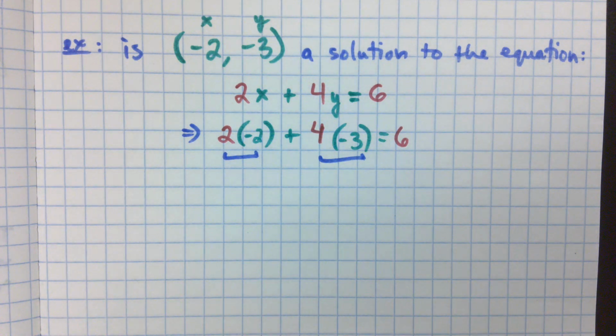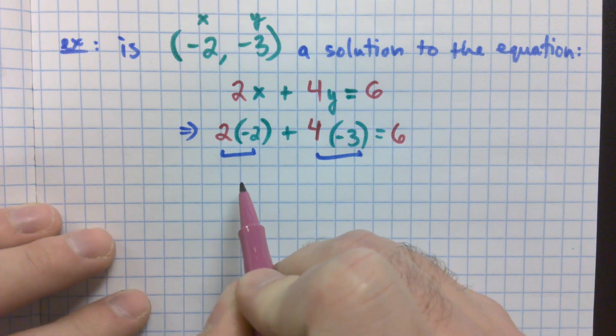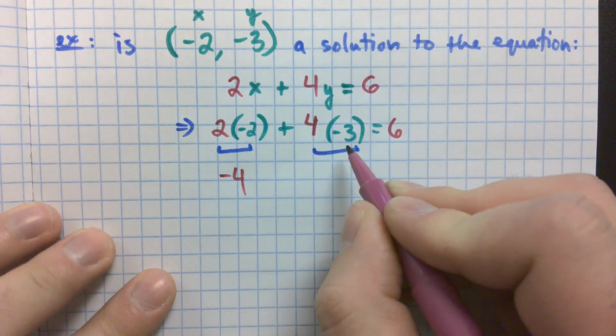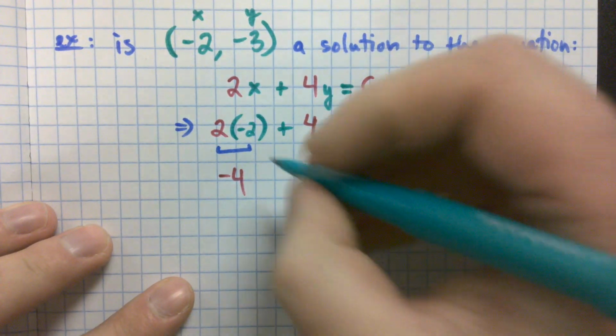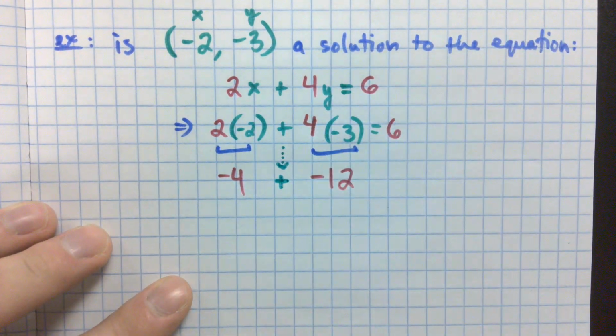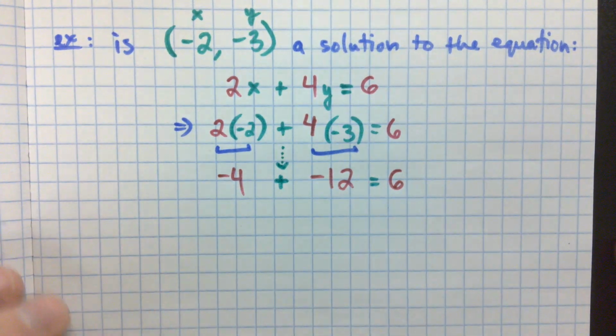All right, let's multiply here. What is 2 times -2 going to give us? -4. Beautiful. What about 4 times -3? -12. We bring down that plus sign. Bring down that equals 6.